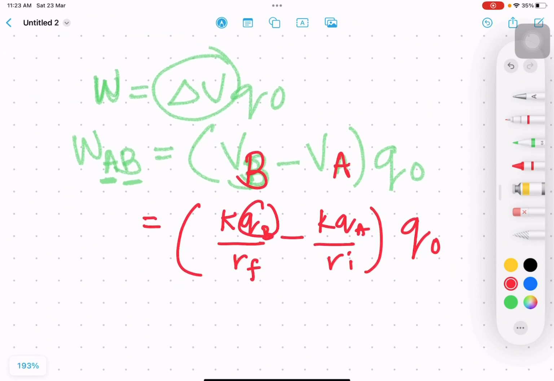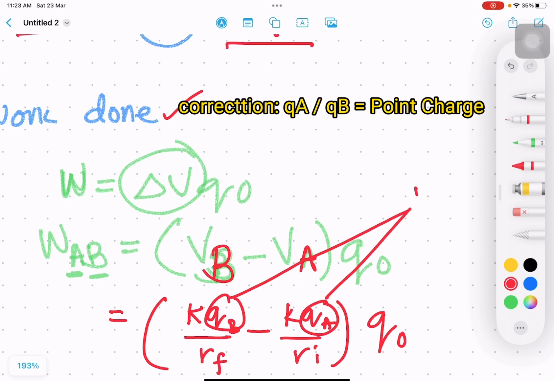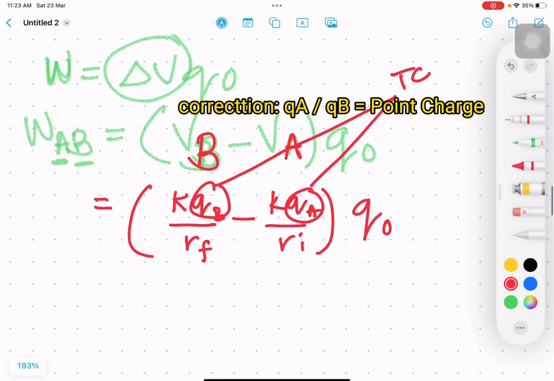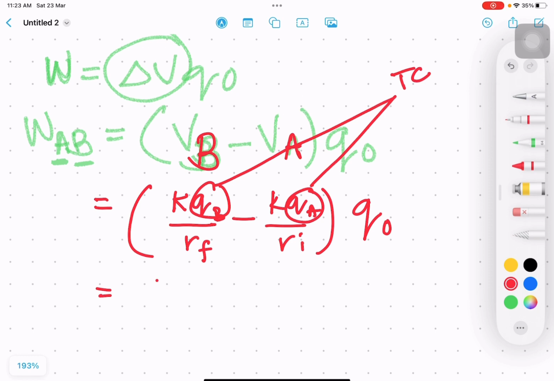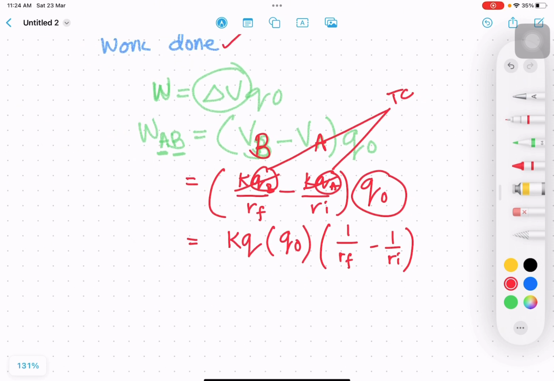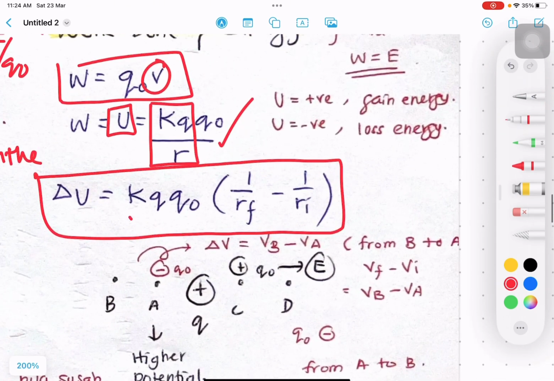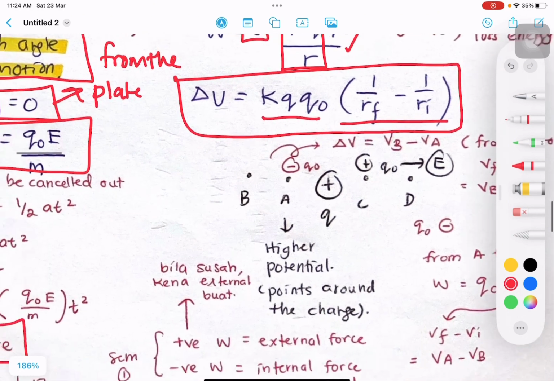QB and QA, we know that it is actually Q, this is the test charge. So we can factorize it and write it as KQ times Q naught times 1 over R final minus 1 over R initial. This is the equation that we will use to find it.